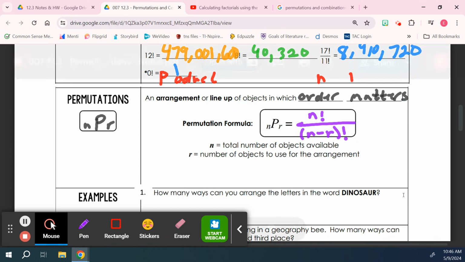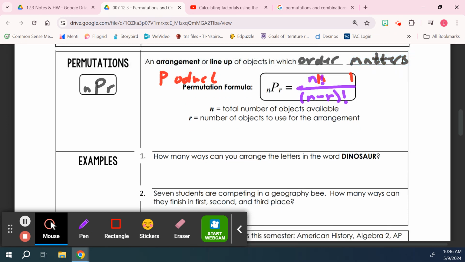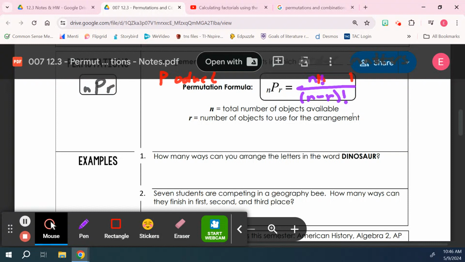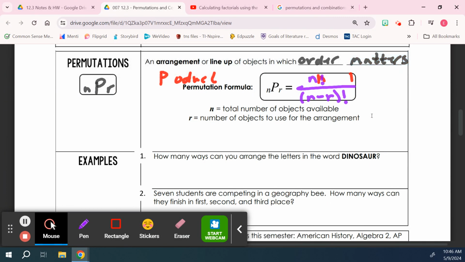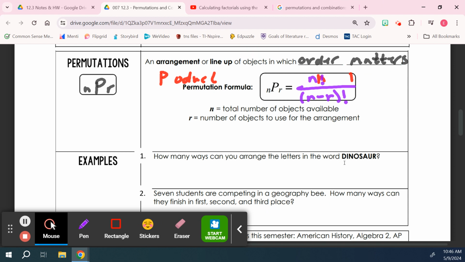So if we take a look at this first example, how many ways can you rearrange the letters in the word dinosaur? Now, if I count, I have 1, 2, 3, 4, 5, 6, 7, 8 total letters. The other thing I look at is how many of these letters repeat, and it doesn't look like there are any.